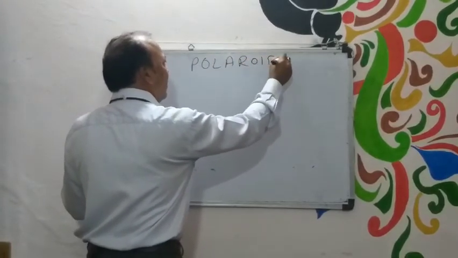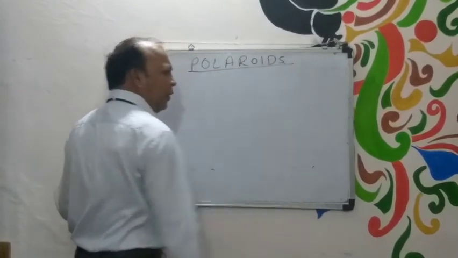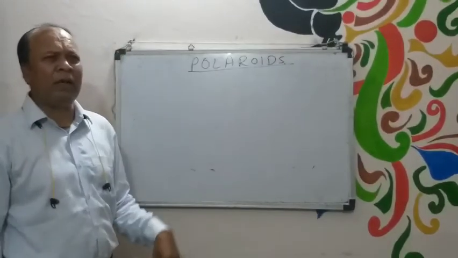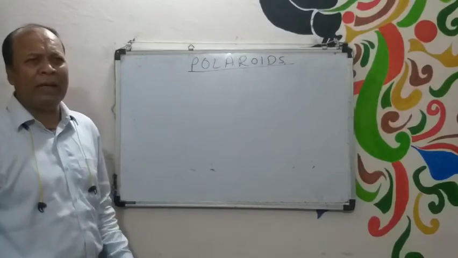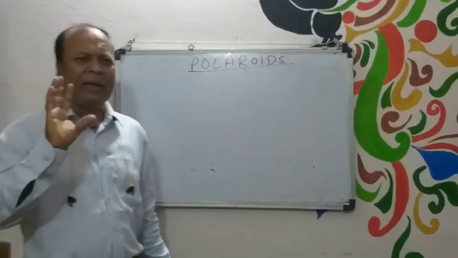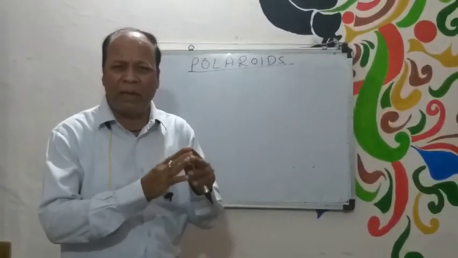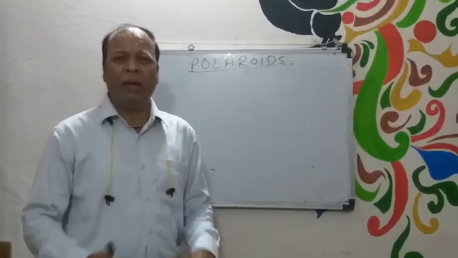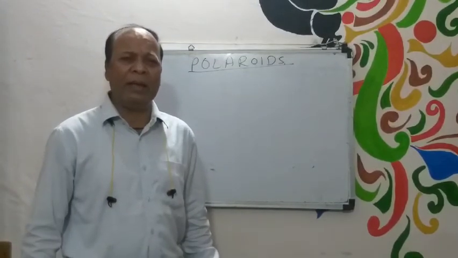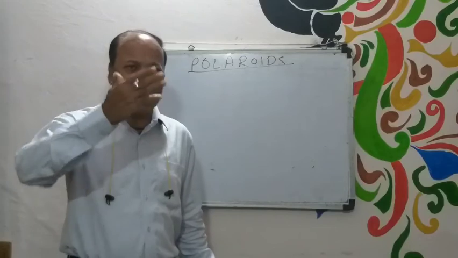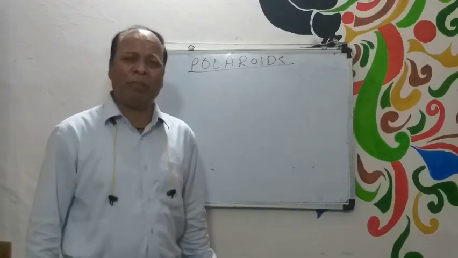So generally, what do Polaroids do? For unpolarized light, the intensity is large. Optical vectors move in all directions. That means if we see unpolarized light, glare is present.